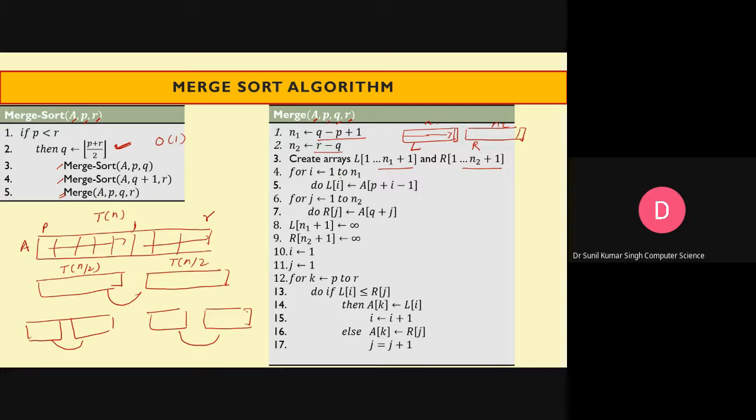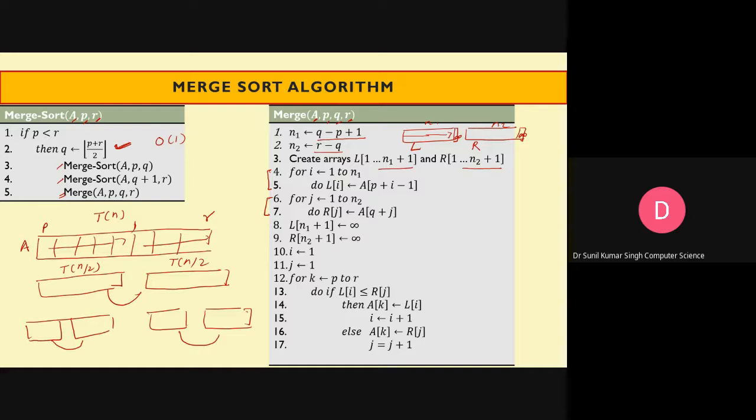Look at here, these two steps, line number 4 to 5 for L and line number 6 to 7 for R. Now steps 8 and 9 are used to put the sentinel. A sentinel is a very large value, indicated with infinity, so that if we compare this infinity with the elements from 1 to n2, or from 1 to n1, it will be greater.